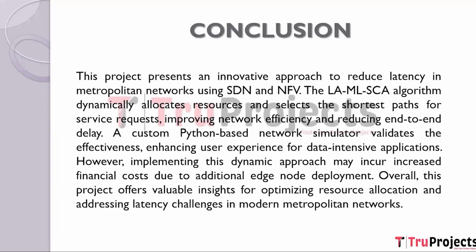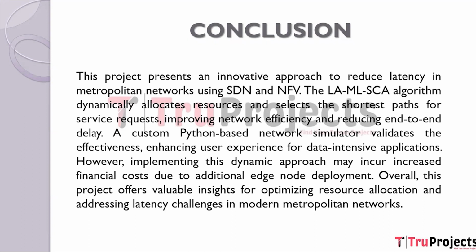Conclusion: the project introduces an innovative approach to reduce latency in metropolitan networks using SDN and NFV. The proposed LA-ML-SCA algorithm dynamically allocates resources and selects the shortest path for service requests, resulting in improved network efficiency and reduced end-to-end delay.